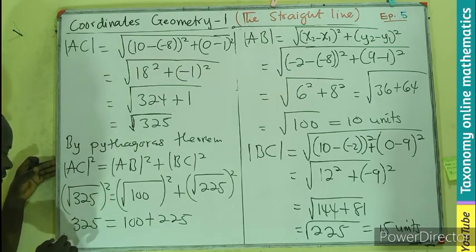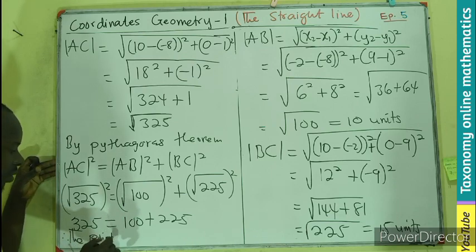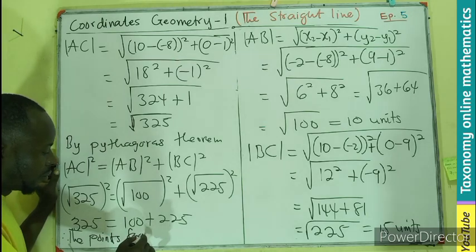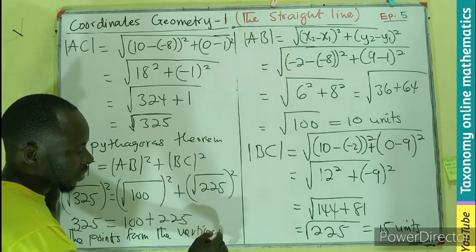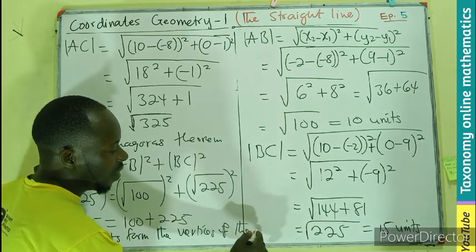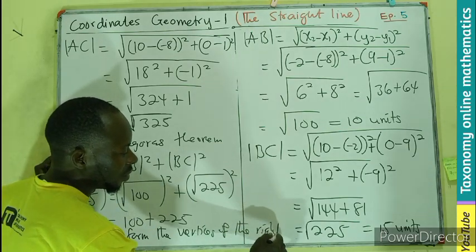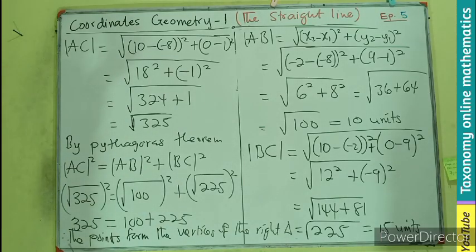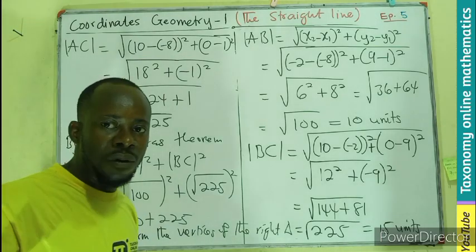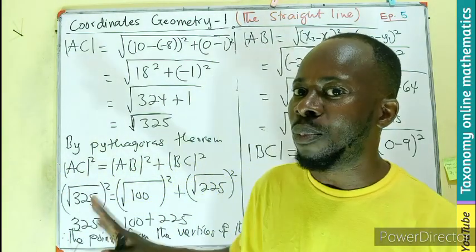So therefore, the points form the vertices of the right triangle. We are looking for whether the points are forming the vertices of the right angle, and it is well proven.